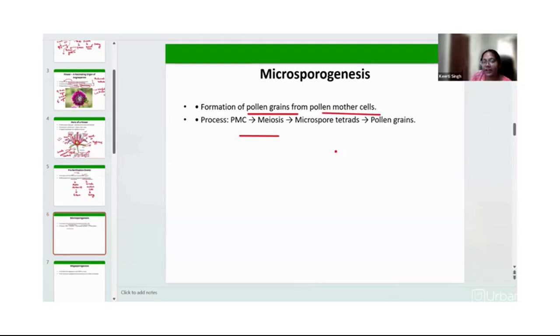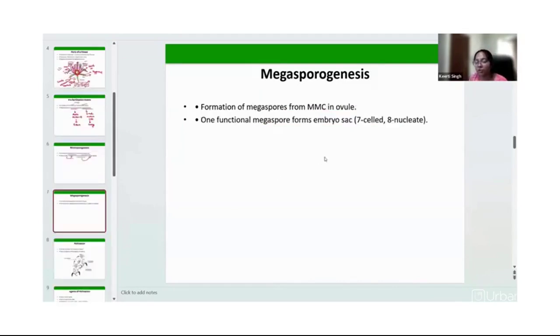And this is a short ray diagram. This pollen mother cell undergoes meiosis, of course, to form these tetrads, and these tetrads will ultimately lead to the formation of pollen grains that we will see in this chapter later on. Same goes for megasporogenesis. This is also an overview. This will lead to the formation of what? Megaspores will be formed, and one functional megaspore will develop into the embryo sac.